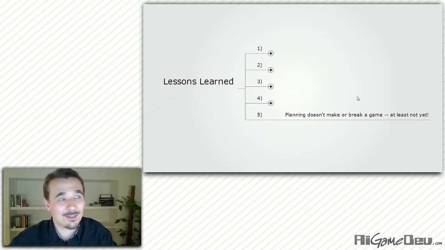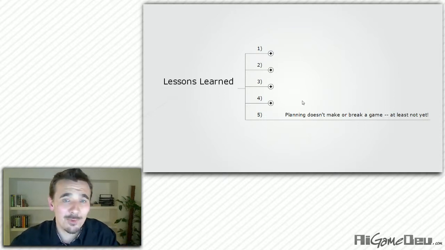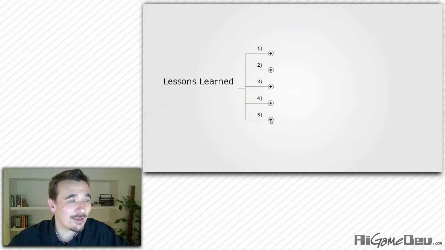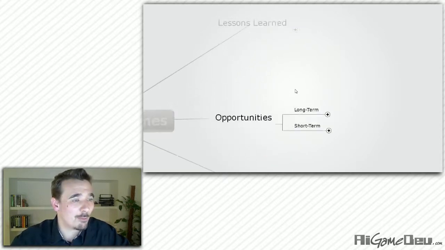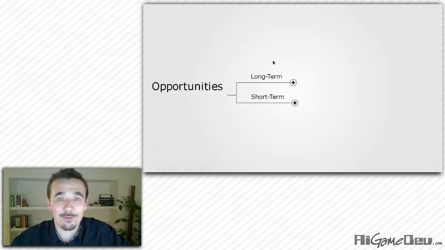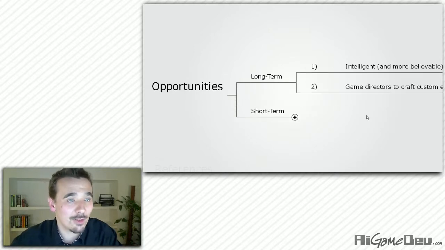But what I would like to see is a game where planning is actually absolutely required, and you could not build that using a reactive technique. And there's been very little investigation of that, and that kind of ties into my big opportunities for planning and for these techniques in general.